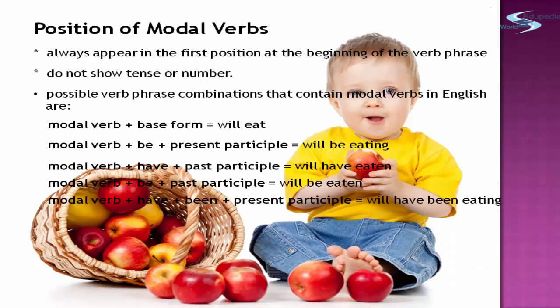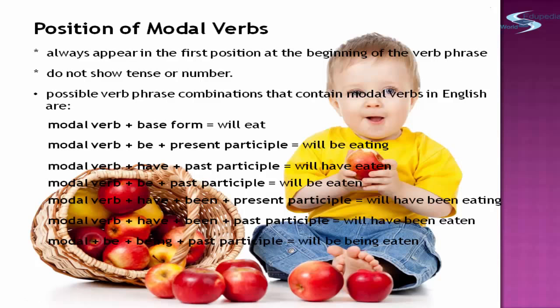The next one is modal verb plus have plus been plus present participle, an example of which is will have been eating. The sixth combination could be modal verb plus have plus been plus past participle, an example of which is will have been eaten.